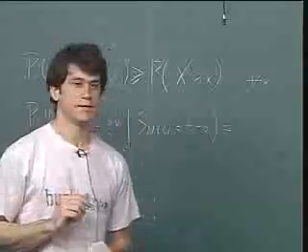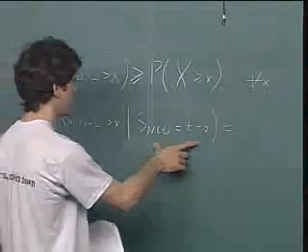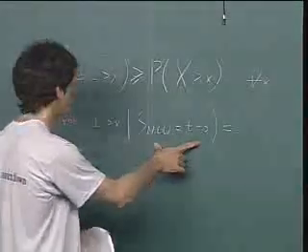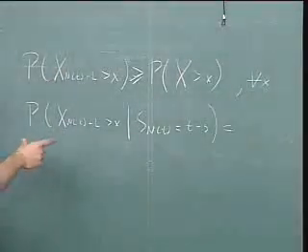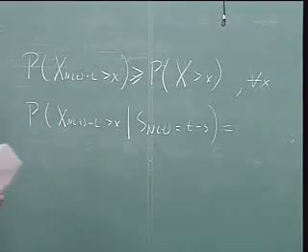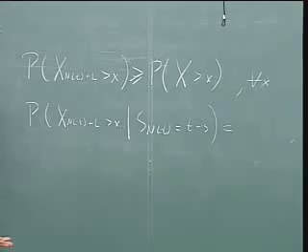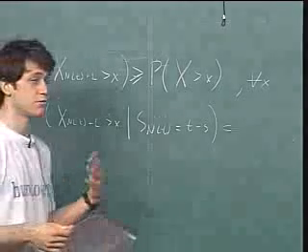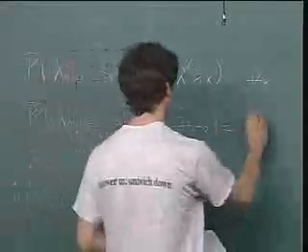Can anyone tell me? Well, we know that the last arrival was at time t minus s, and then at time t, nothing has arrived. So for that interarrival time, the probability that it's greater than x is 1, right? Because we already know that it's greater than s, and s is greater than x. So this is just 1.